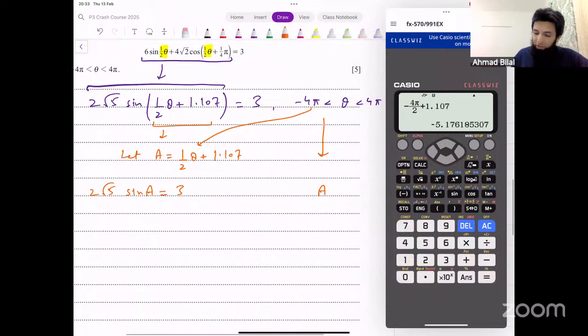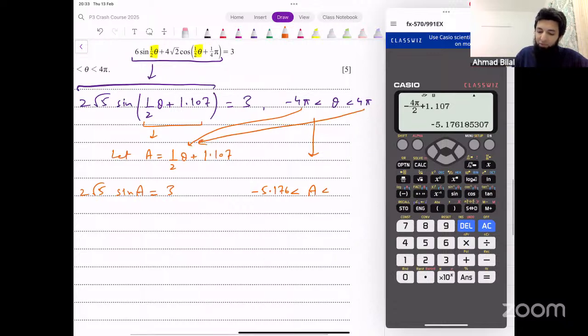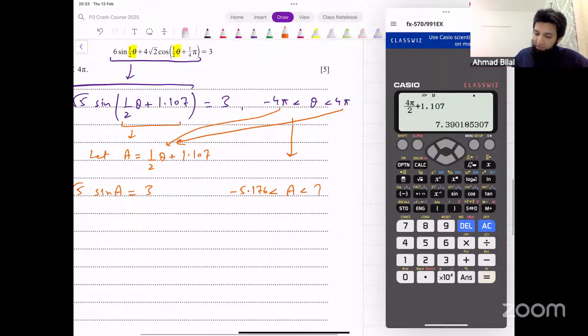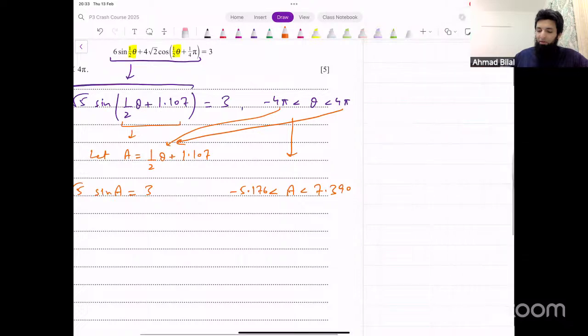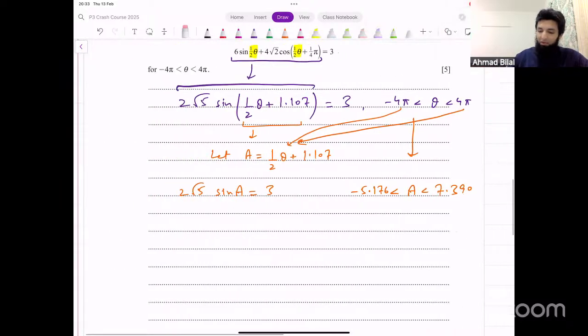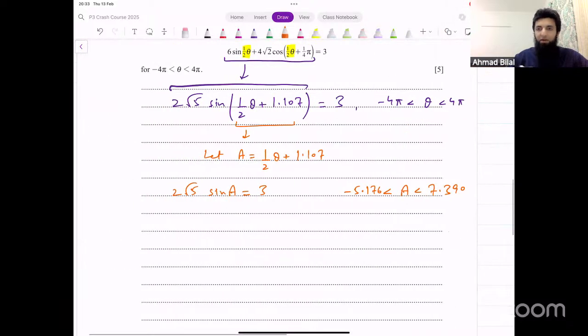So the lower limit for a therefore is minus 5.176. Okay, what about the upper limit? Input plus 4 pi in place of theta. And that gives us 7.390. So the interval for a now is between these two values. Okay, that's the interval for a.